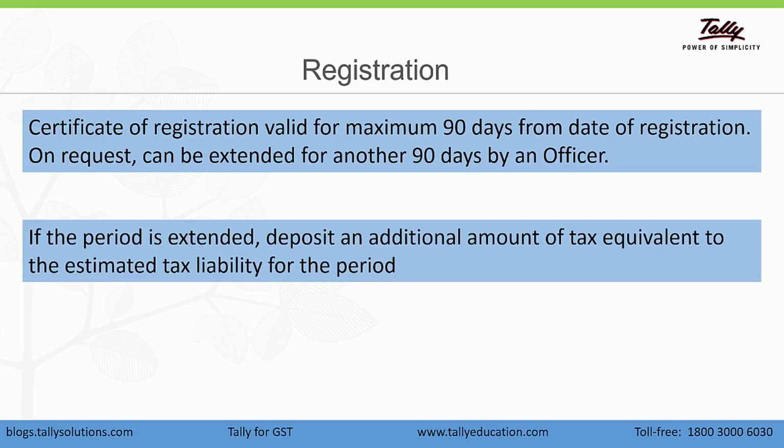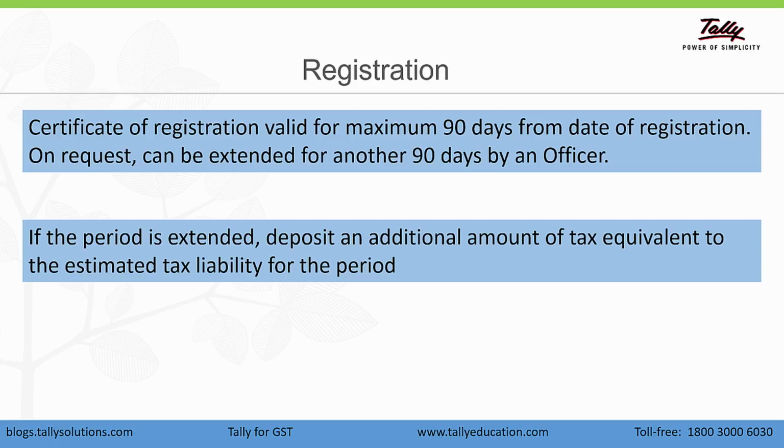If the registration period is extended, the person must deposit an additional amount of tax equivalent to the estimated tax liability for the period for which registration is sought. For example, the casual taxable person who we had discussed earlier applies for extension of registration till October 10th, 2017.